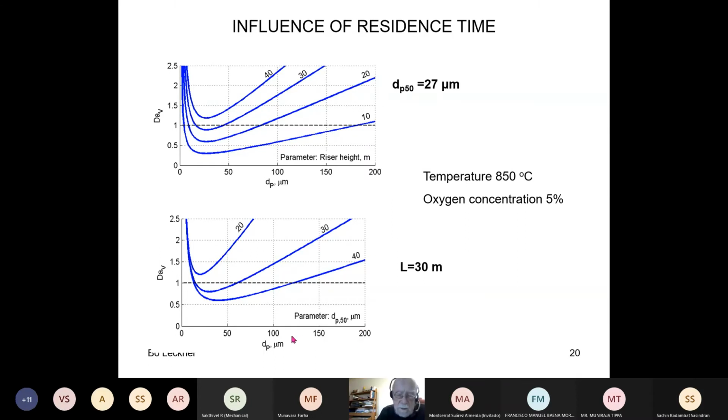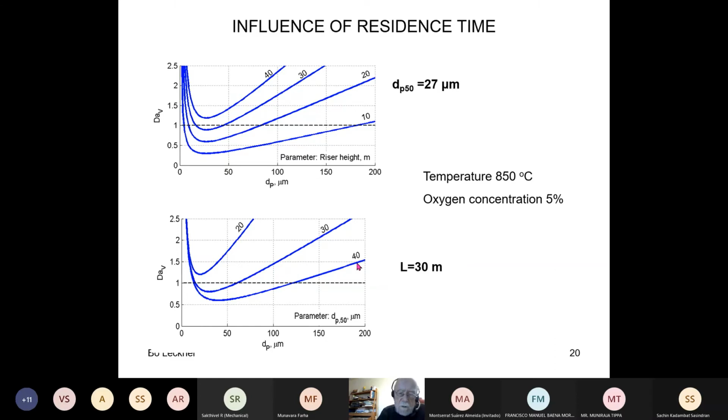And this determines then how many turns a certain particle of a certain size can do. Here, as I have said before, instead we have the cut size of the cyclone as a parameter, and the length of the furnace was 30 meters, and we get this set of curves. The smaller the cut size, the more efficient the cyclone, and the more we are in the preferable range of Damköhler numbers.